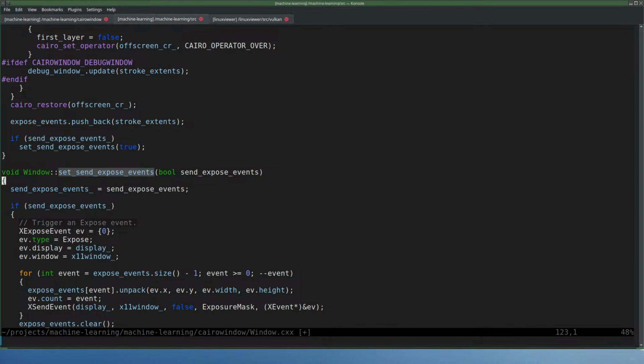Or I could make another function, I guess, send expose events. That would be better coding, I have to admit that. Oh, I can't be bothered with it. Gotta leave it like this.